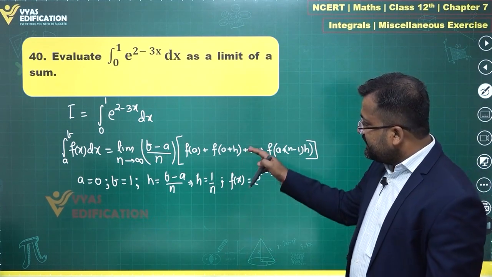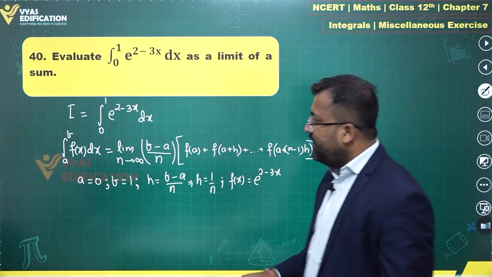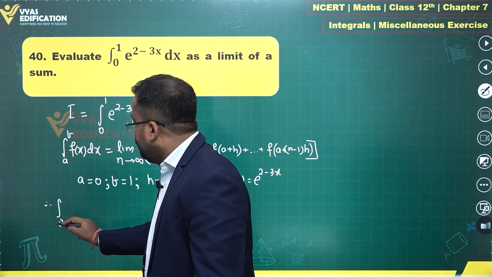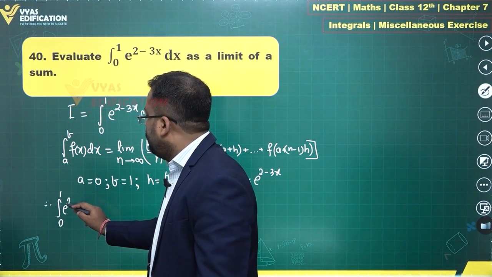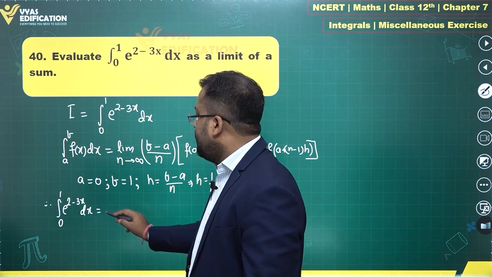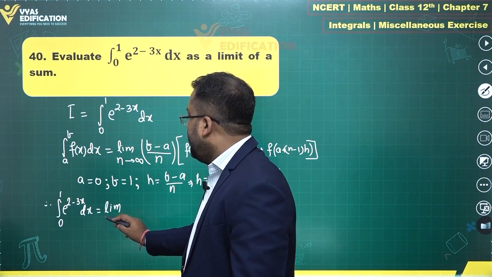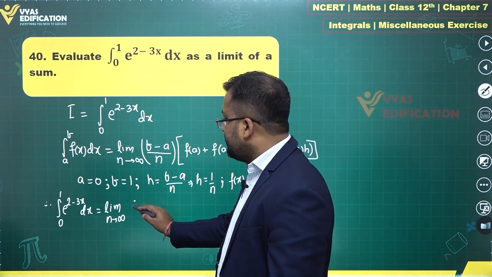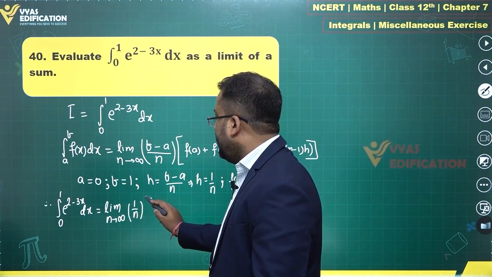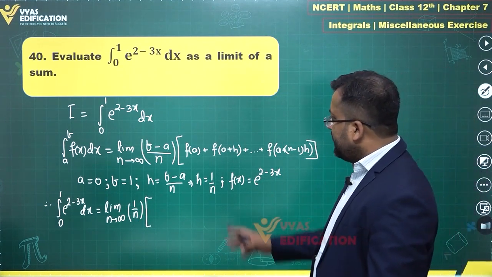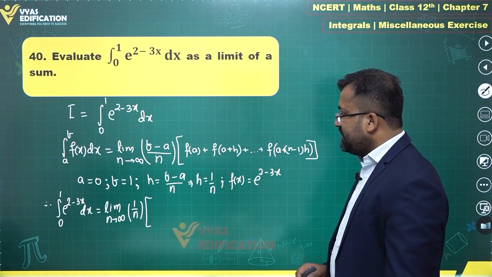Okay, and now we can substitute these values over here. Therefore, the integral from 0 to 1 of e power 2 minus 3x dx will be equal to limit n tends to infinity, (b minus a) upon n, which is 1 upon n. In the brackets you have f of a, which is f of 0, plus f of h, plus up to f of (n minus 1)h.